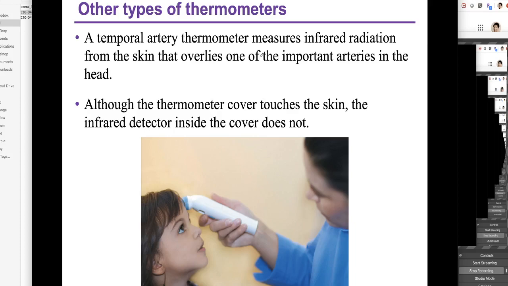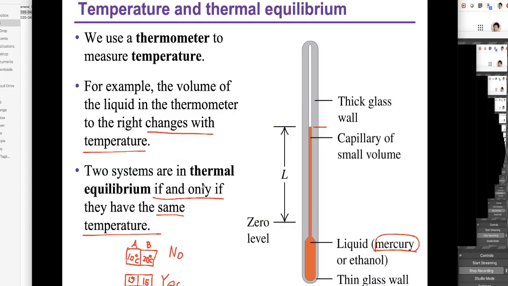So there are some other types of thermometers. For example, a temporal artery thermometer measures the infrared radiation from the skin. It uses a different mechanism compared to the previous classic thermometer.